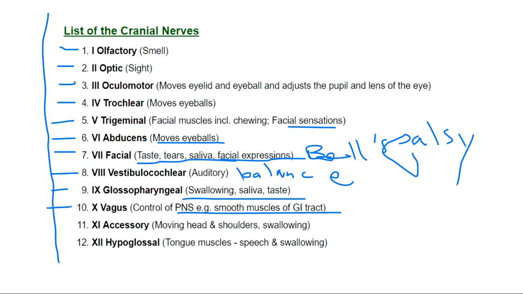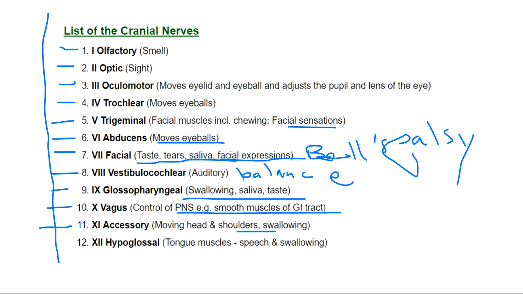It leaves the brain and controls basically all your organs, your guts, hearts, and parts. Accessory nerve is involved in moving the head and shoulders and swallowing.